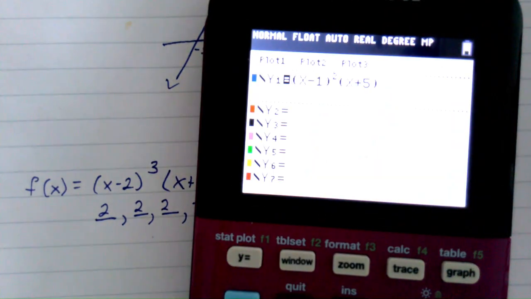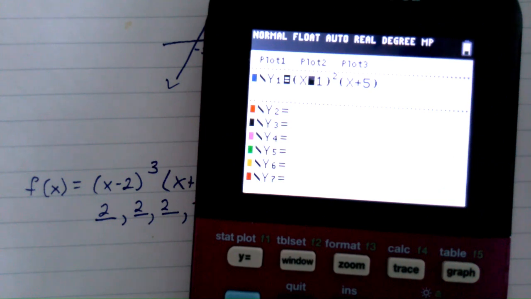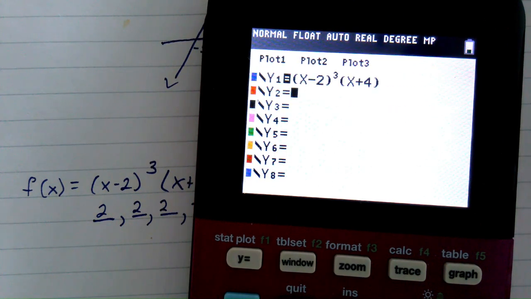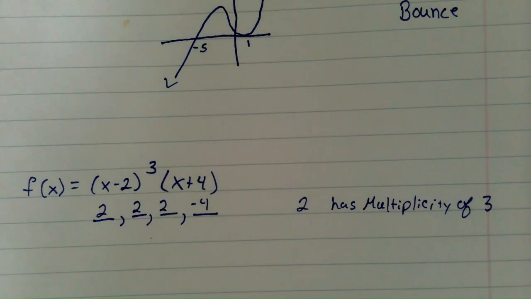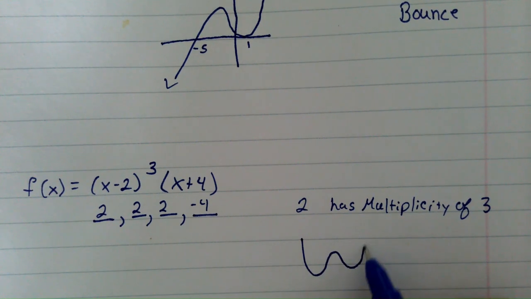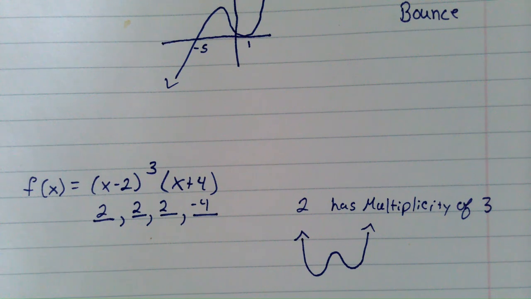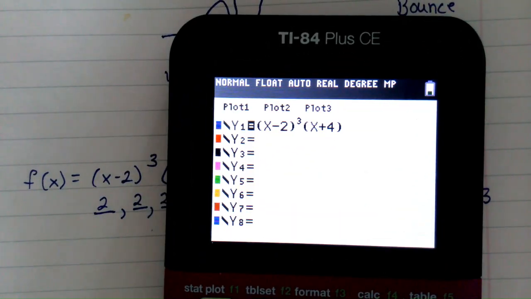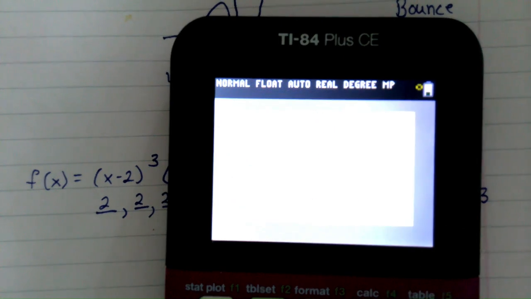Okay. So we had a 2 there, a 3 there, and a 4 there. And because this is the 4th power, I'm going to expect kind of like a W. I'm going to expect some version of that. Okay, up to 3 turns, but the ends have to point the same direction because it's an even degree. There's an even number of roots.